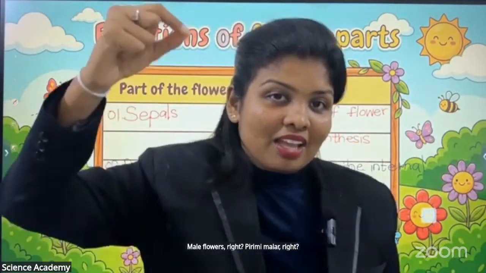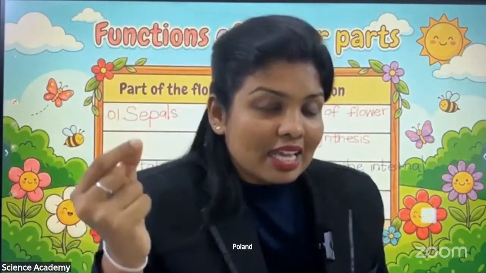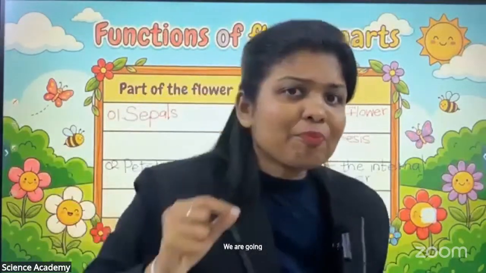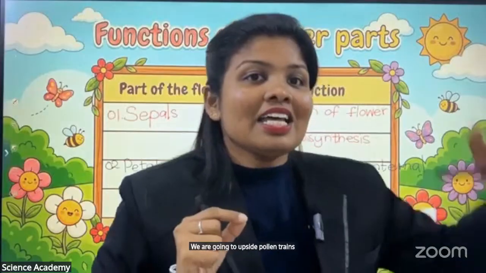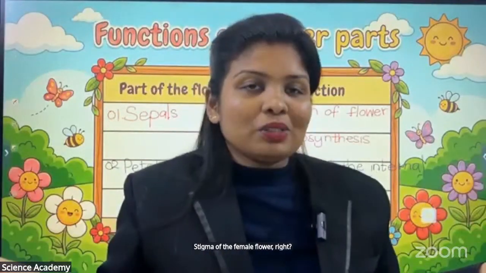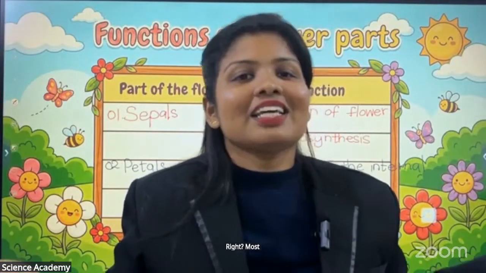We are bringing pollen grains of the male flower and applying the pollen grains on the stigma of the female flower. For that also, it requires knowledge. Sometimes it may be unsuccessful.